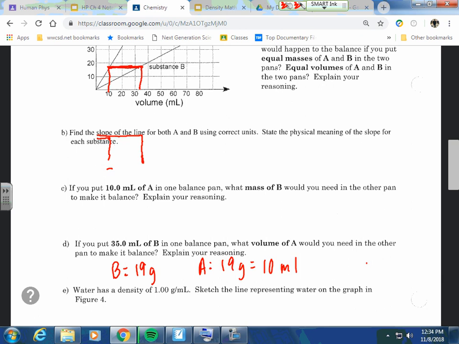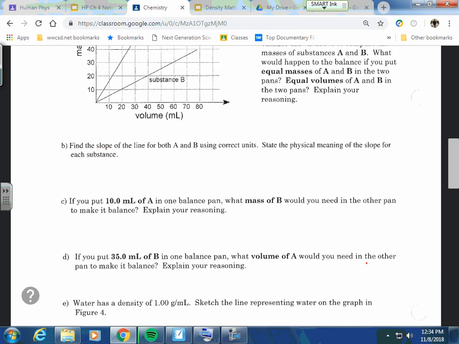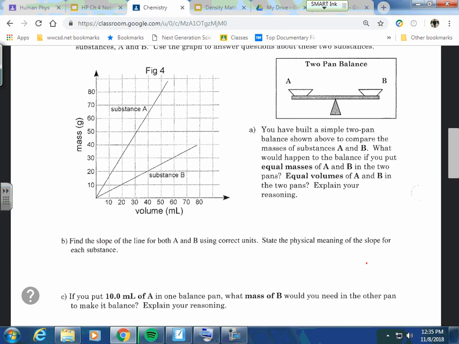Water has a density of 1 gram per milliliter. Sketch the line representing water on the graph. Let's do blue for water. How am I going to do a slope of 1? If I had 10 milliliters of water, how many grams would it be? 10 grams, right?